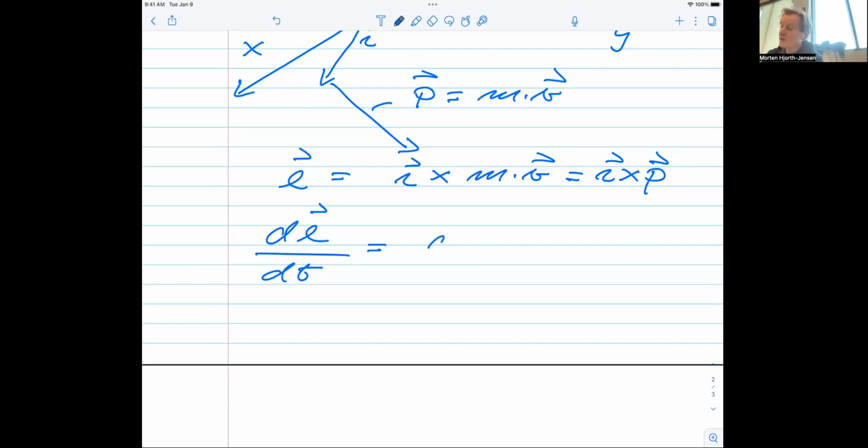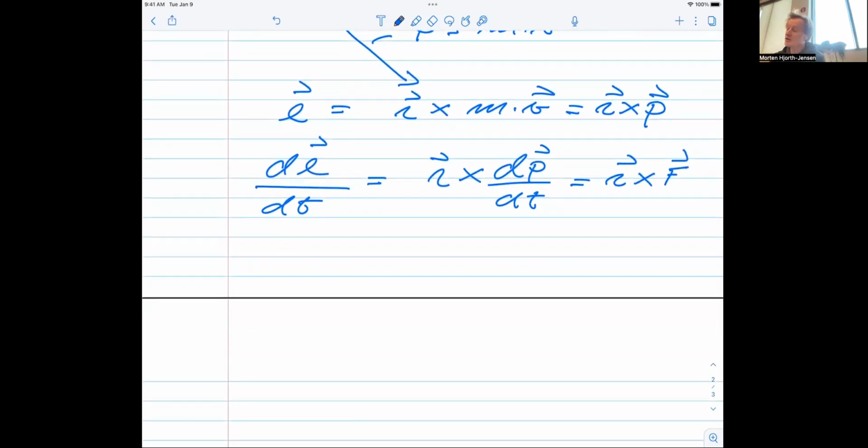So we found that this is given by r times the derivative of the momentum with respect to time, and that's the same as position times force here. Now, this is a relation where we can actually use exercise 4 from the first homework. So this is one of these vector relations which are useful to remember.